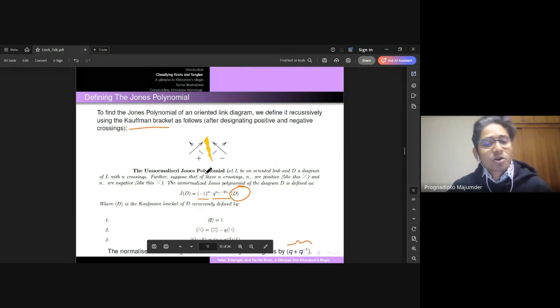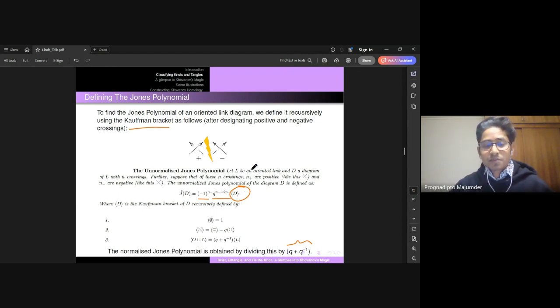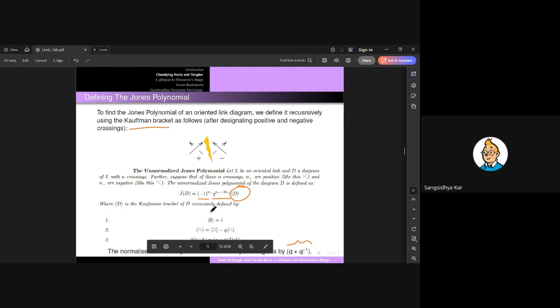We call it a polynomial, but it's not technically always a polynomial. The Kauffman bracket can have q inverse terms. This Kauffman bracket is defined recursively using three relations, and recursing on the number of crossings. Question: what is a normalized polynomial?